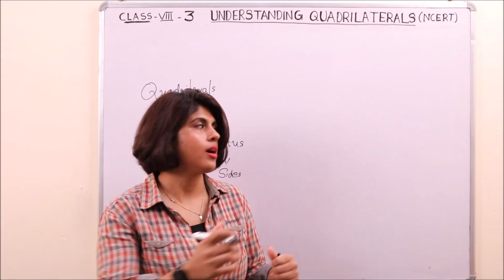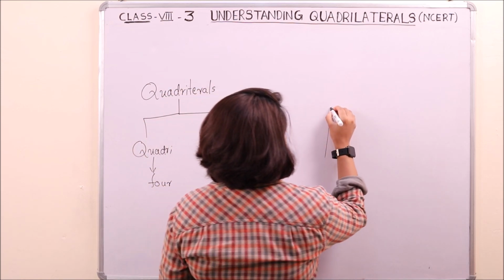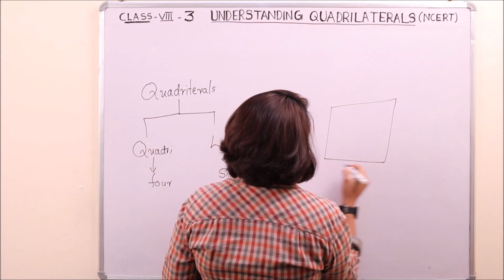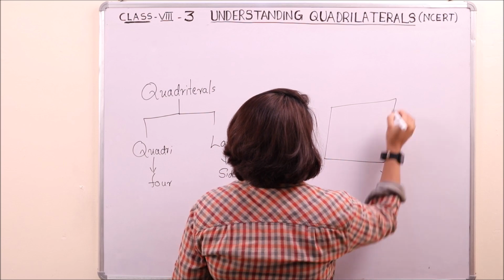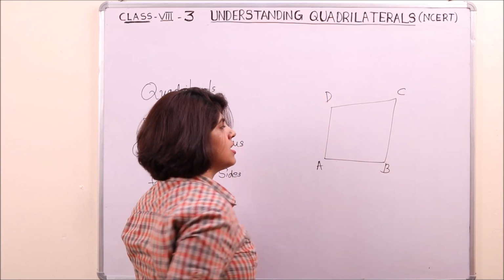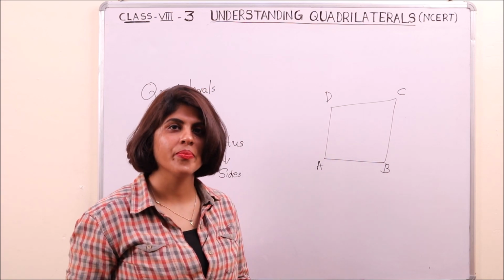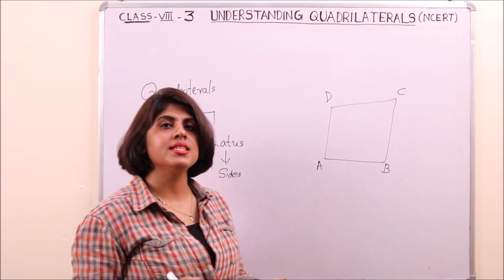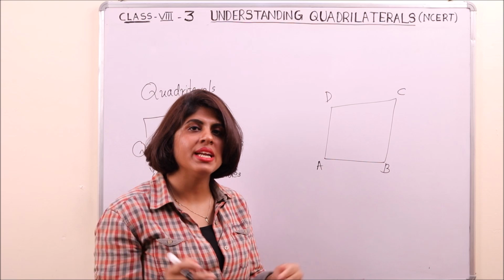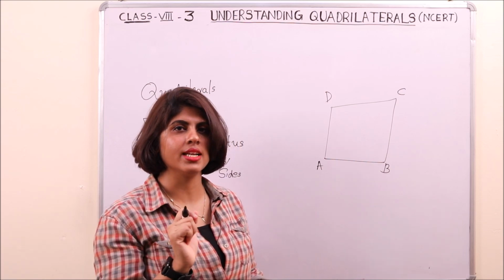So, which are they? If we are considering a quadrilateral ABCD, what are the adjacent sides, adjacent vertices and diagonals? Adjacent sides are the sides which meet at the same vertex, right?